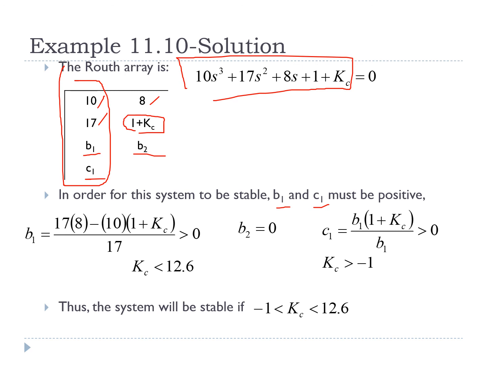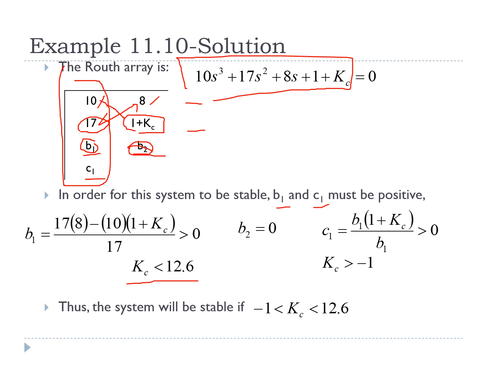According to the equation just now, B1 can be calculated by 17 times 8 minus 10 times 1 plus Kc, divided by 17. Rearranging the equation, you get that Kc must be less than 12.6. B2 is 0 because there's no element here.